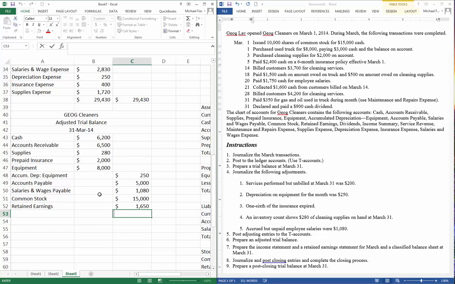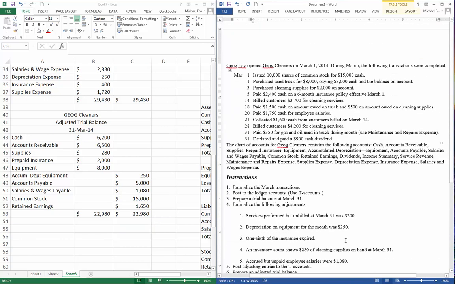Total these up, make sure we're in balance. And we're good. All right, that is the entire honking problem.